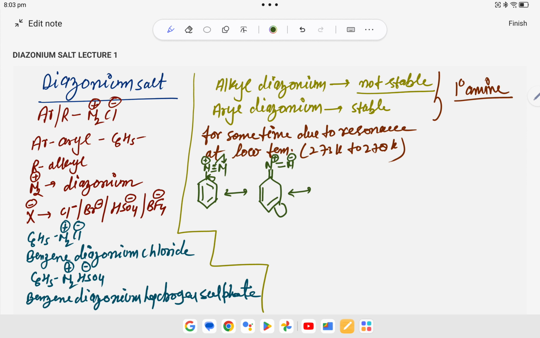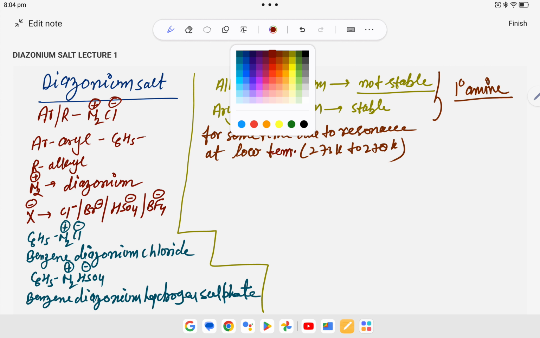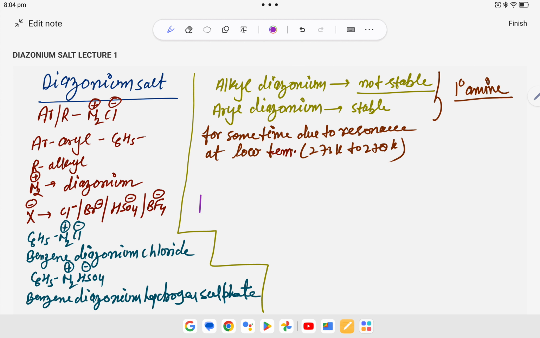In the next step, these electrons, wait one minute. Here alternate double bonds, nitrogen, this nitrogen is having positive sign.